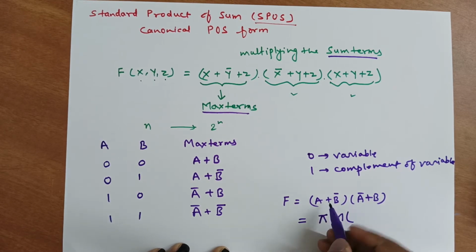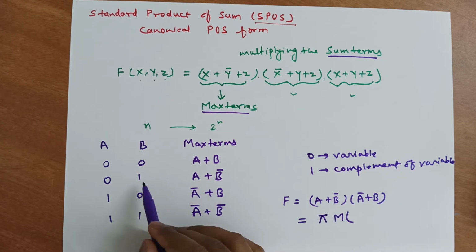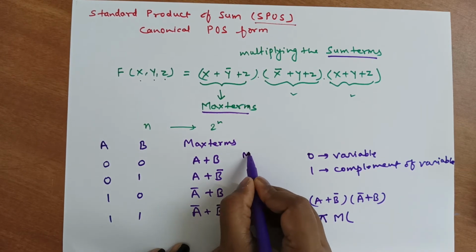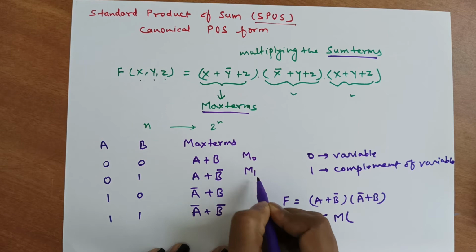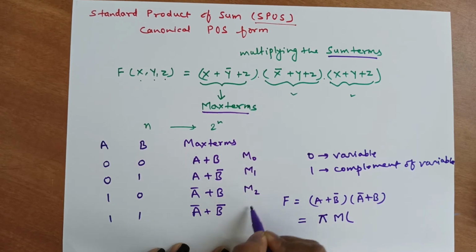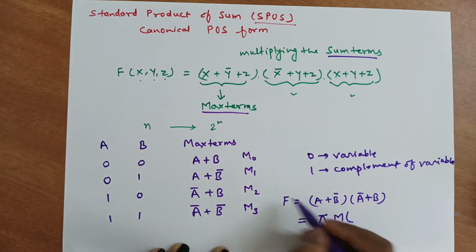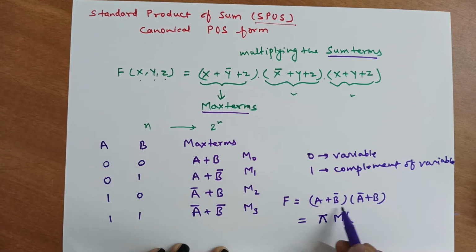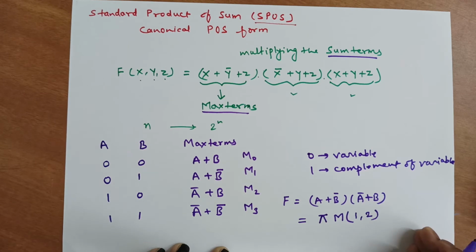We can write it as M0, M1, M2, M3. A plus b bar is M1 and a bar plus b is M2. So we can write it as product of M of 1 and 2.